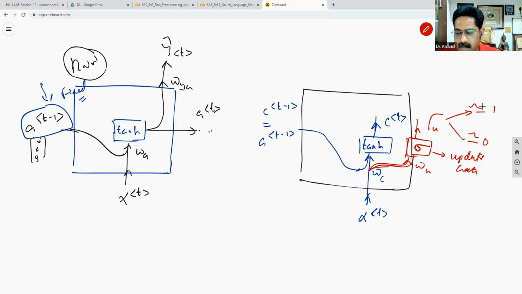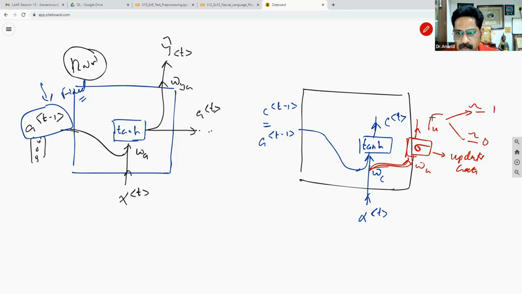Whenever the value is closer to 1, it is allowing. That means your tau U value is a higher weighting value. Obviously, the 1 minus tau U value will get a lower component. If tau U is closer to 0, then the tau U component is 0 and the 1 minus tau U component will be higher, complementary.